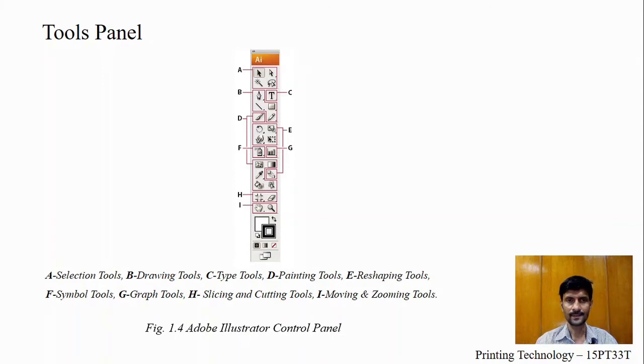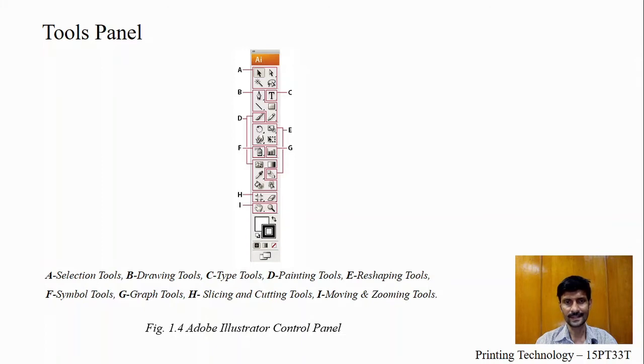Next we have symbol tools, used to create a symbolic representation in an artwork. Next we have the graph tool, used to create bar charts, pie charts and other graphs. Whatever we have done, the work should be represented in a graphical representation.